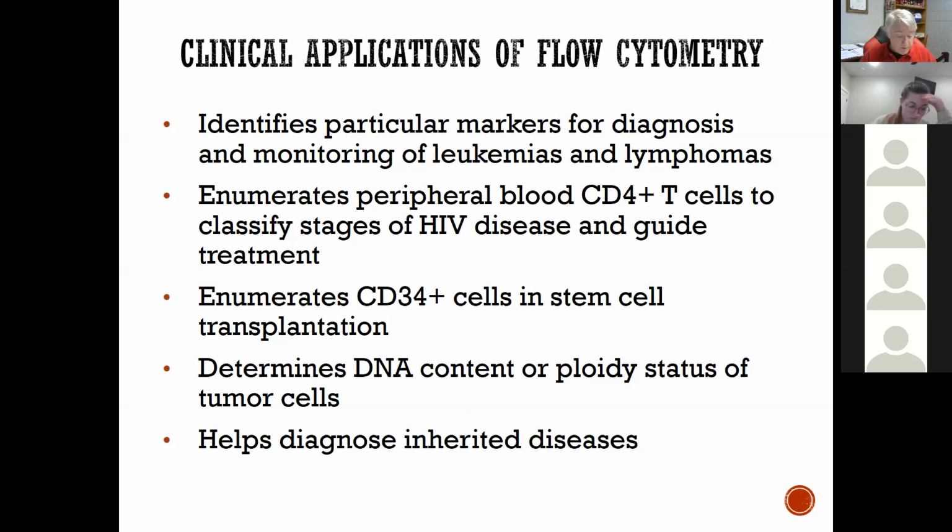We have chronic lymphocytic leukemia, CLL, and prolymphocytic leukemia. The antibodies are paired. You see CD5 with CD20, okay? You see CD19 with kappa and CD19 with lambda chains.